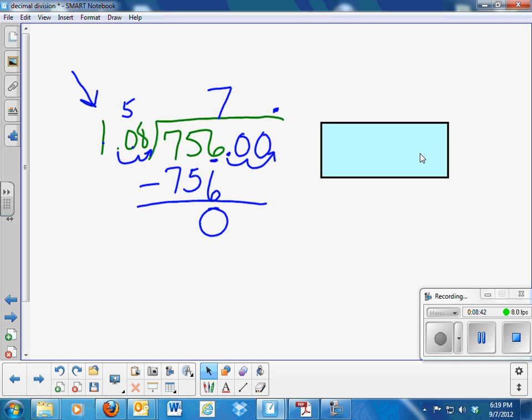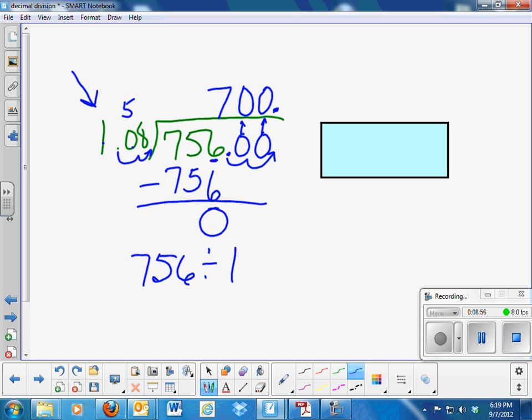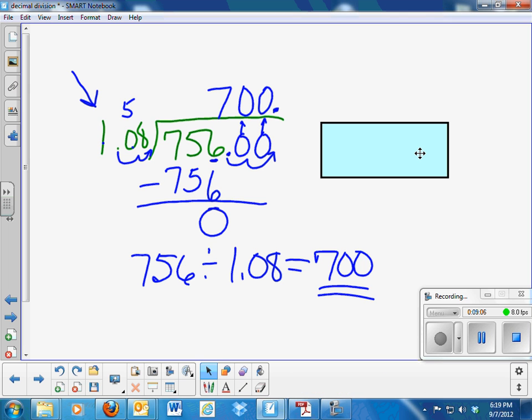I see that I have no digits left, so I need to now fill in these remaining zeros. So my answer to 756 divided by 108, 1 8/10, excuse me, is equal to the whole number 700. And I just proved that with my division.